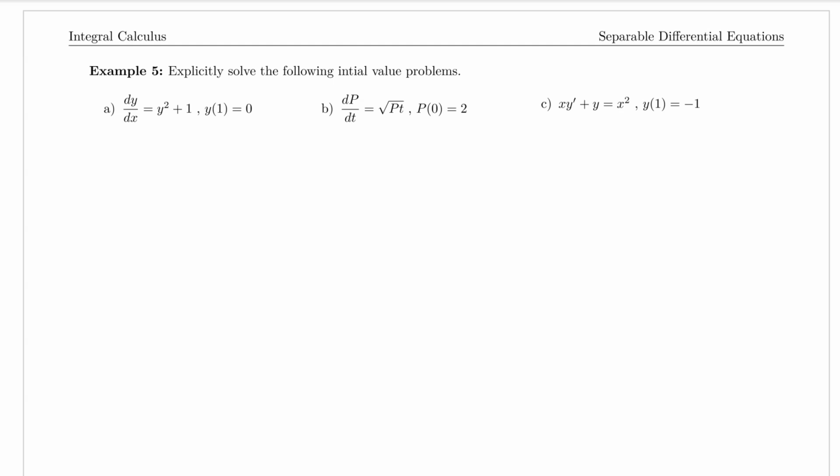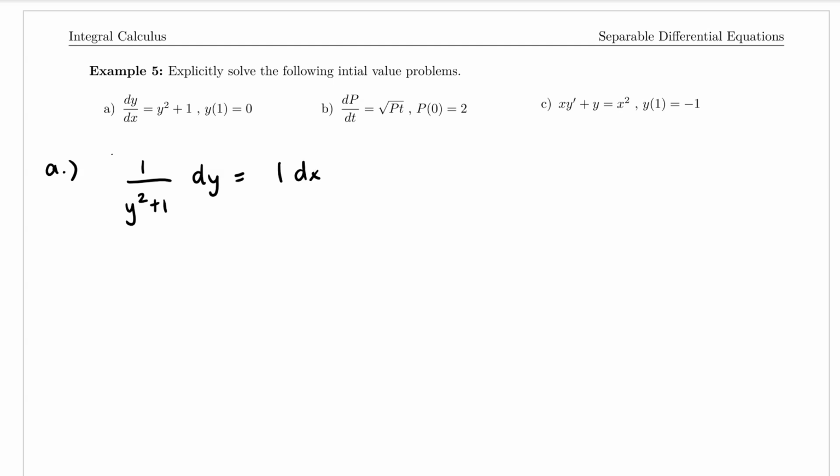Example 5 says, explicitly solve the following initial value problems. So in part A, I'm going to divide both sides by y squared plus 1, and then move dx to the other side of the equation. And, oh, I forgot the dy.